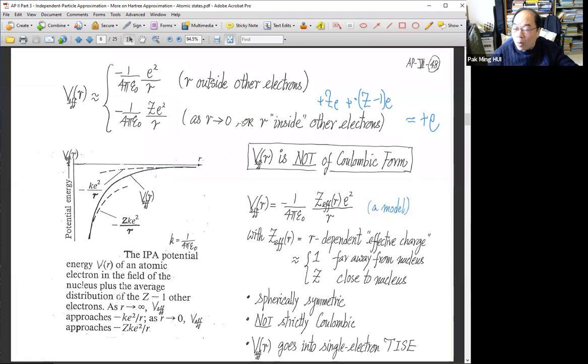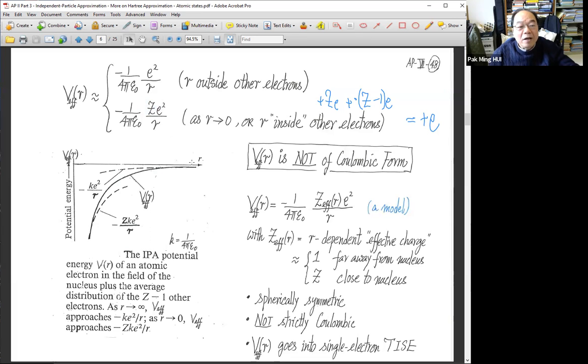However, when R is very close to the nucleus, because R is a continuous variable from 0 outward, all the Z minus 1 electrons are outside, like shells. They will not have any electromagnetic force on the remaining single electron. The electron will see the whole nucleus. It will be much more attractive.